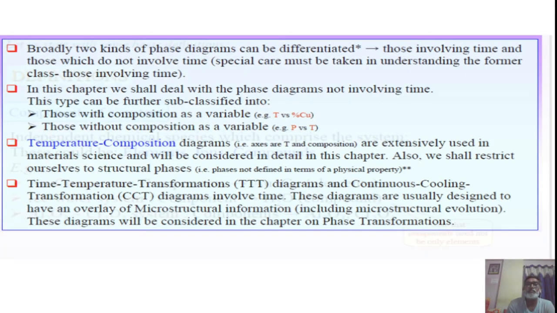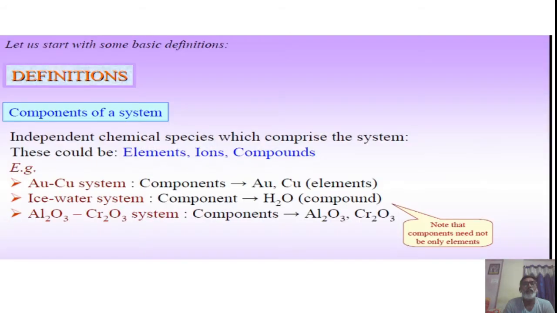By definition, a component of the system is an independent chemical species the system comprises. It can be elements, ions, and compounds. Consider a binary system, copper and gold, where the elements are copper and gold. In the ice-water system, the component is water.